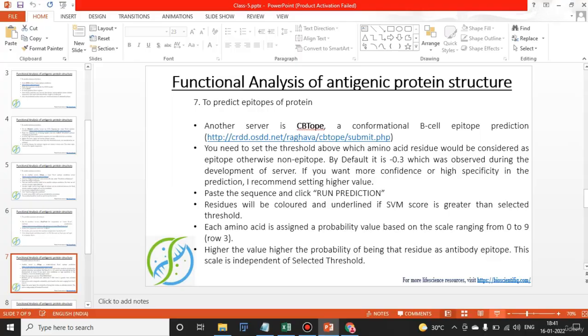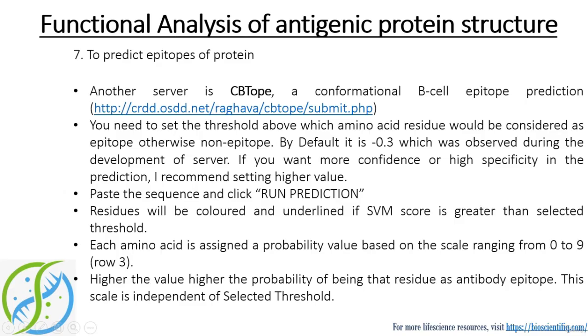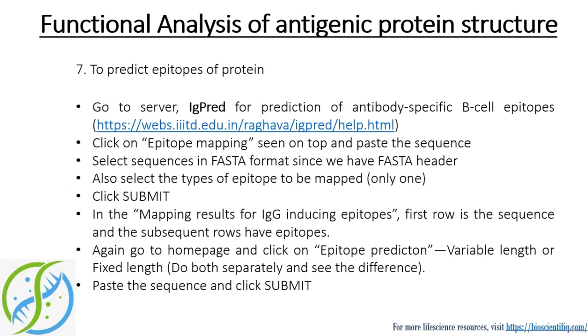Now let's go to another server, which predicts antibody-specific B cell epitopes, which is IGPRED. Go to this particular link or Google IGPRED.